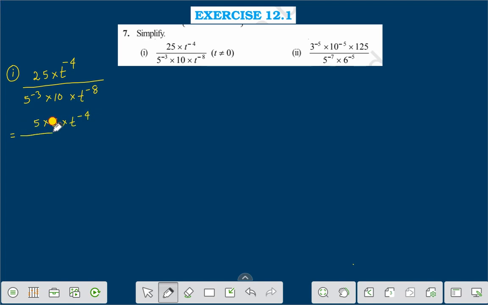And here you see, this is 5 to the power minus 3, and 10 can be written as 5 into 2, into t to the power minus 8. Therefore, we can write 5 to the power 2 into t to the power minus 4.